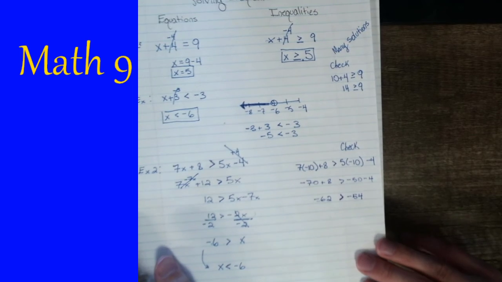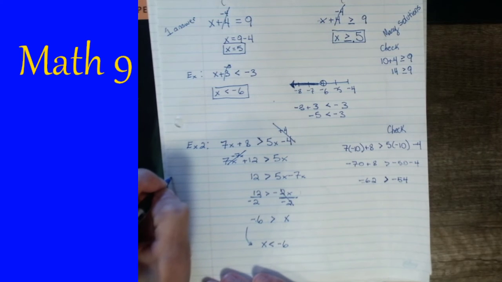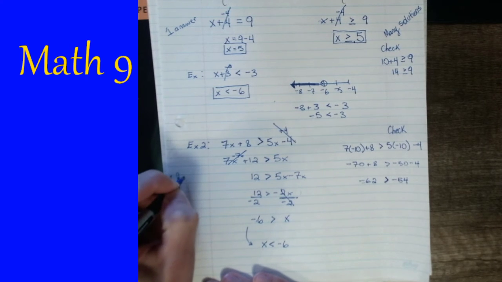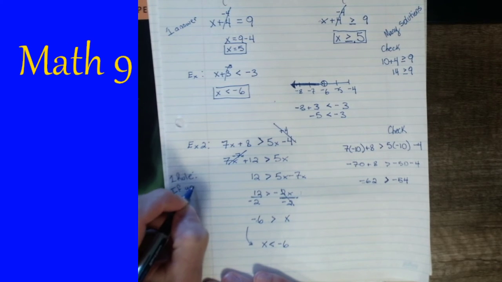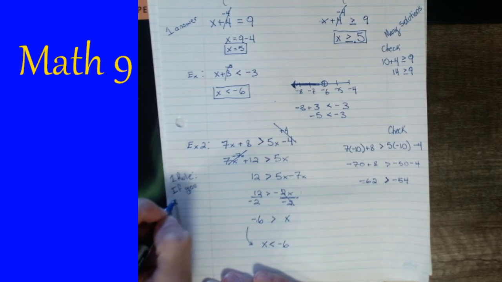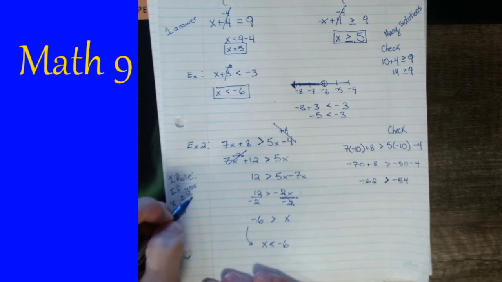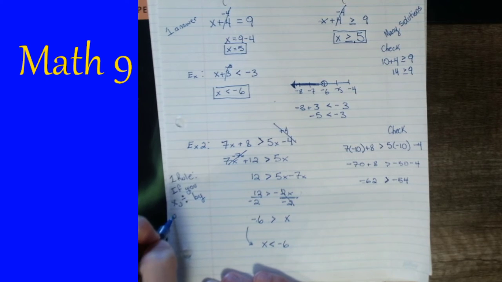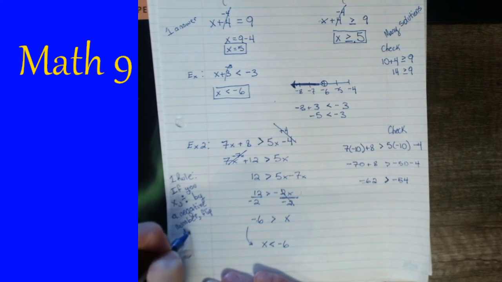And so there's one rule when it comes to solving inequalities. And this rule is highlighted right here. We have one rule that makes it different. If you multiply or divide at any stage by a negative number, flip the inequality.